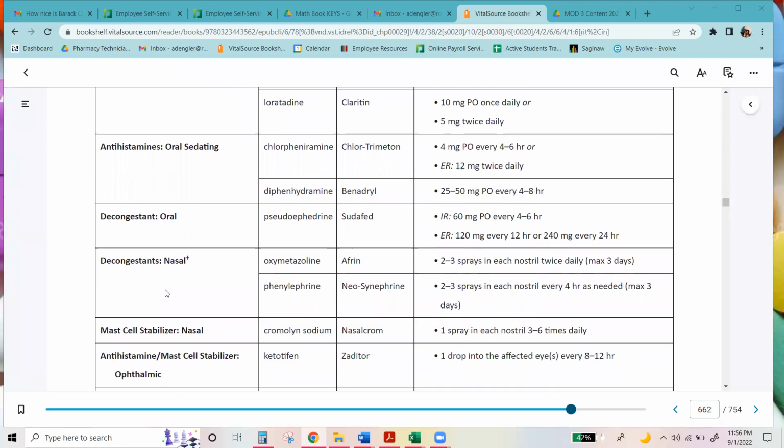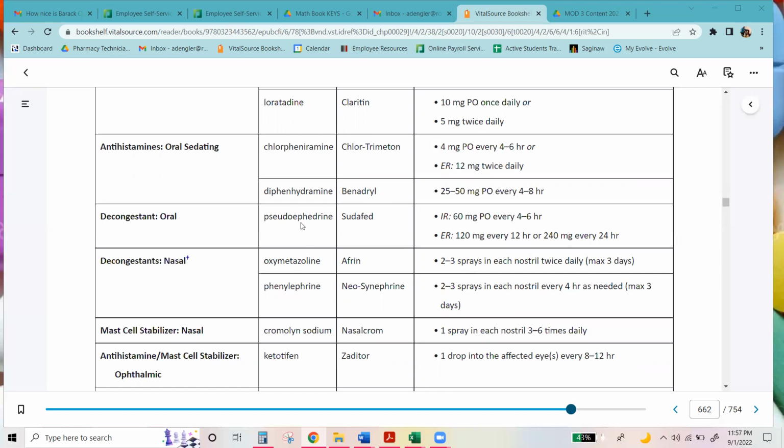There are some nasal decongestants, such as Afrin and Neo-Synephrine. And also, just to know, there is Sudafed PE that you can purchase out on the shelf without going to the pharmacy counter, but the generic name is phenylephrine and not pseudoephedrine.